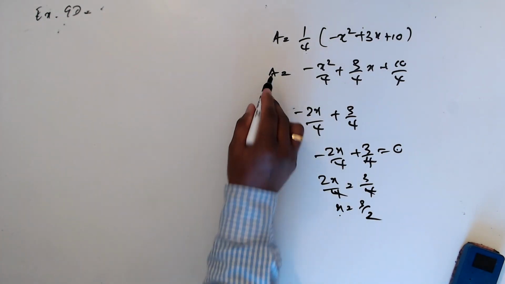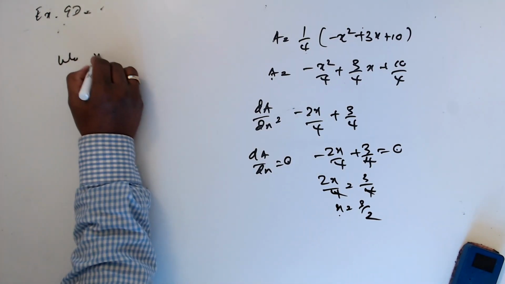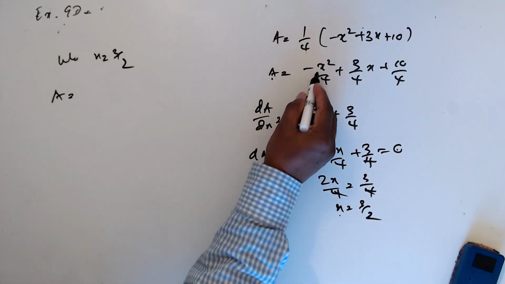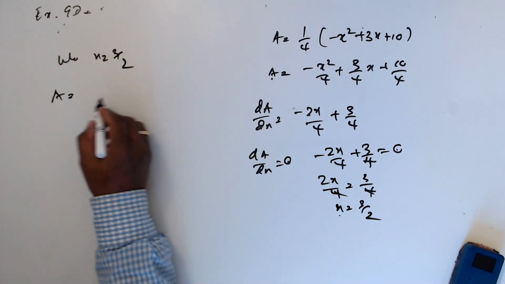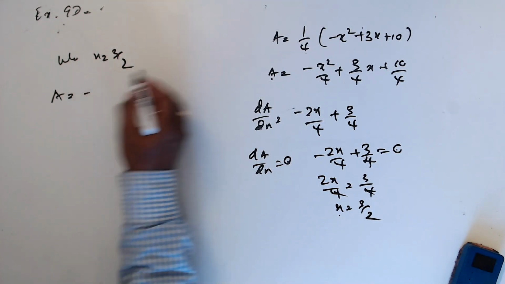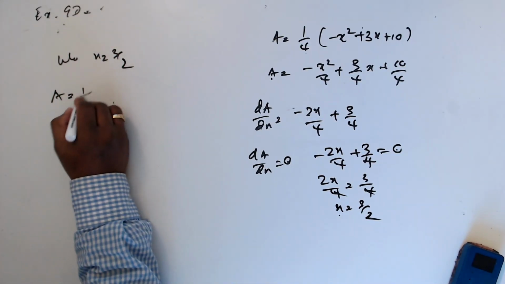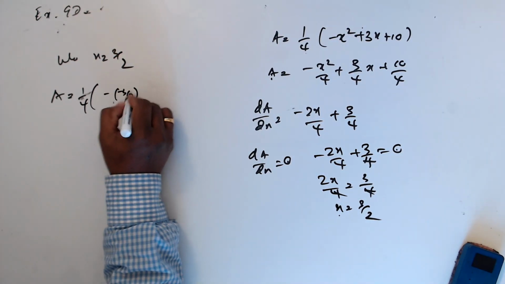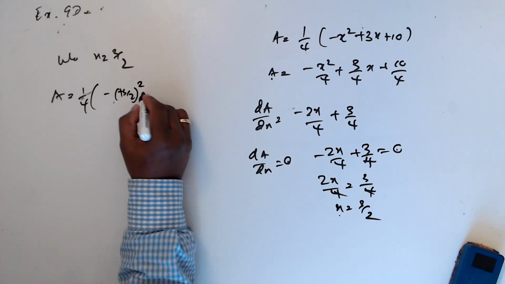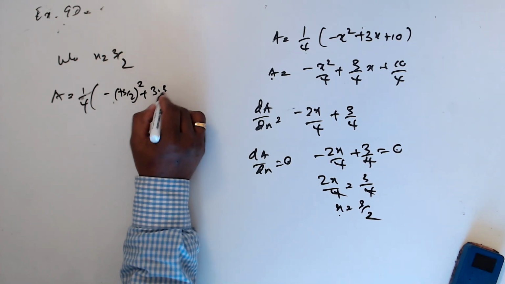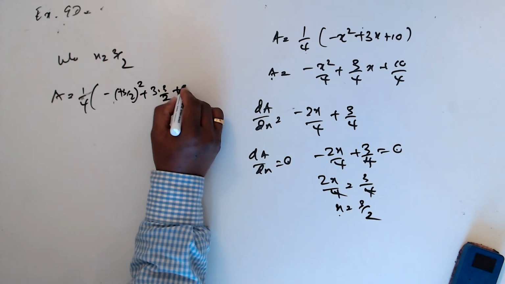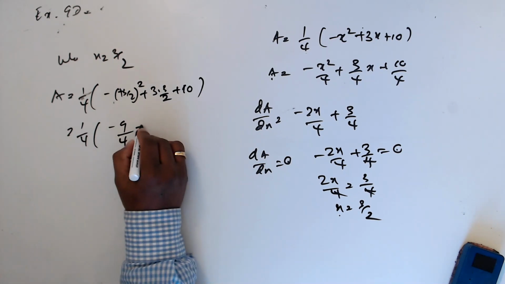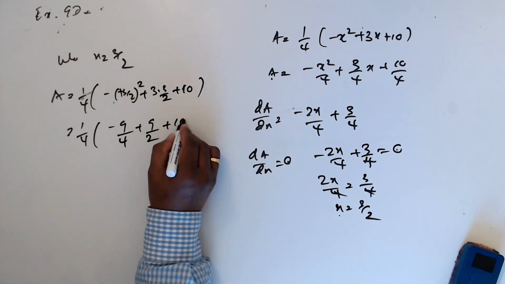When x equals 3 over 2, A is, from here or here, okay, I will stay with this one: 1 over 4 times minus (3 over 2) square, sorry, plus (3 over 2) square plus 3 times 3 over 2 plus 10. So 1 over 4 (9 over 4 plus 9 over 2 plus 10).